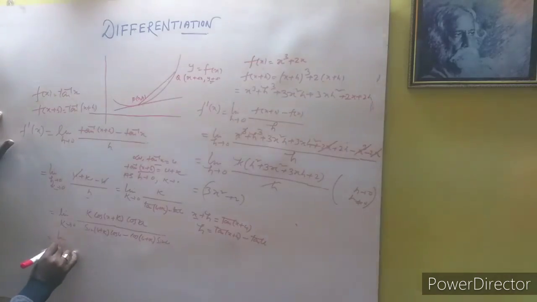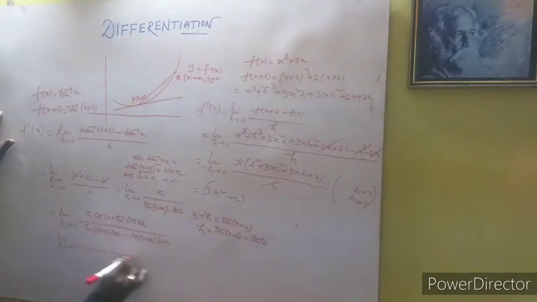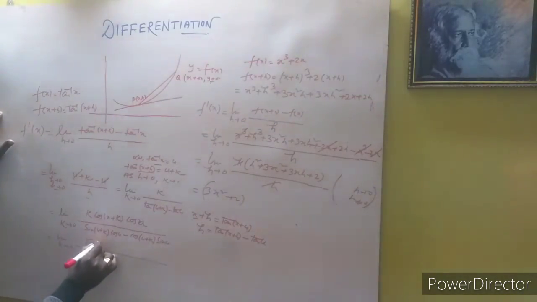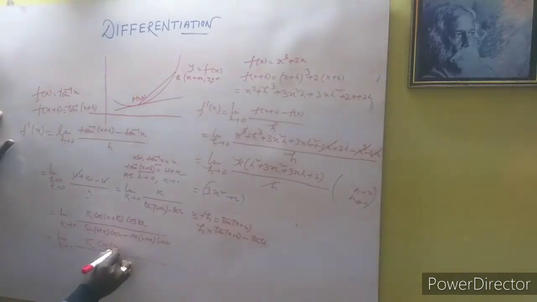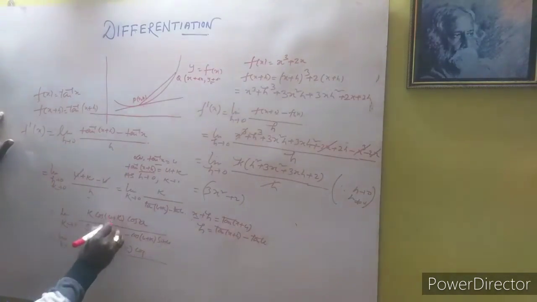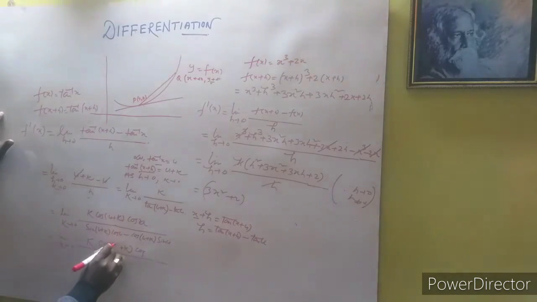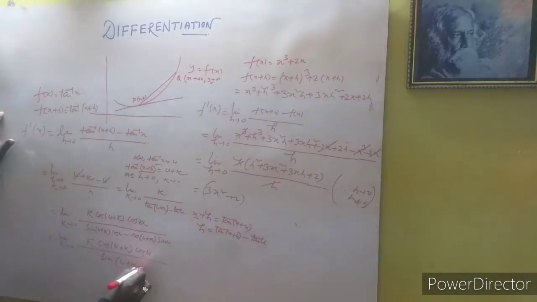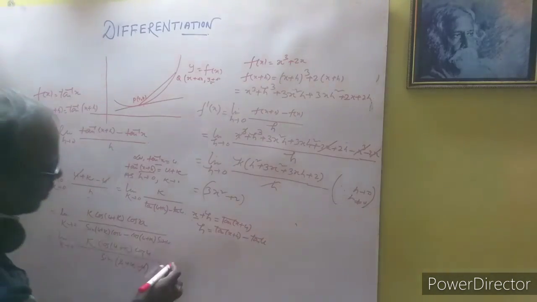This is equal to limit k and cos of u plus k and cos u. So this is sin of u plus k minus u. So u are cancelled. So sin k by k is equal to 1.